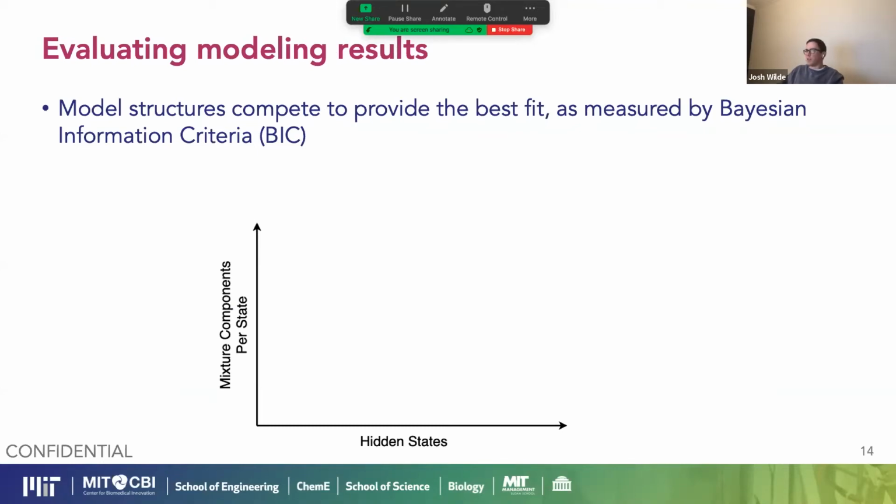So I didn't include a slide on estimation of the hidden Markov models, but for those who are interested, hidden Markov models are fit using an iterative procedure. It's not possible to directly do maximum likelihood estimation in one shot in a hidden Markov model, because the likelihood cannot be written down in a simple way as a function of the parameters that you're optimizing.